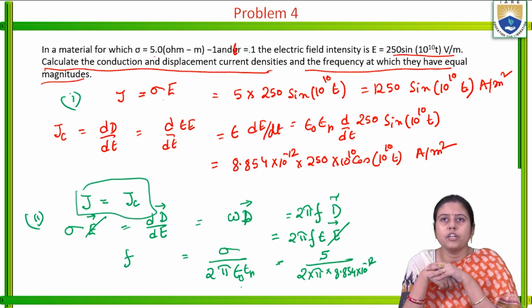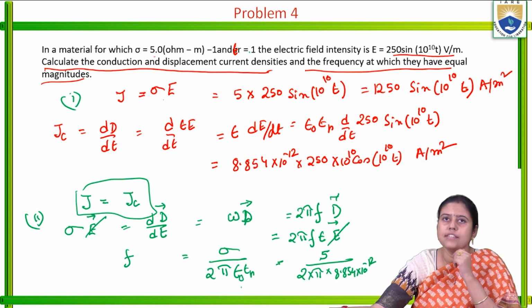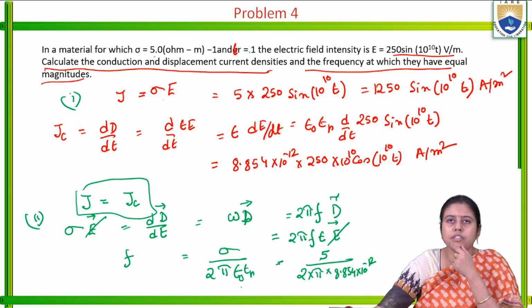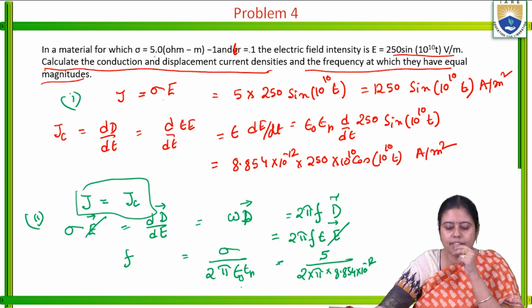So what is the equation? What we did, the first part is very easy. J is equal to sigma E, and E is 250 sine 10 to the power 10 t. The displacement current density is dD by dt, where D is nothing but epsilon E. So it is epsilon naught epsilon r times d by dt of 250 sine omega t.